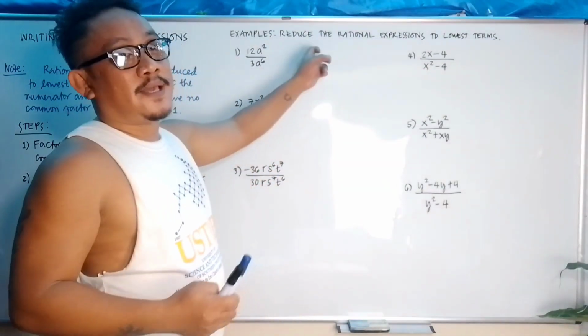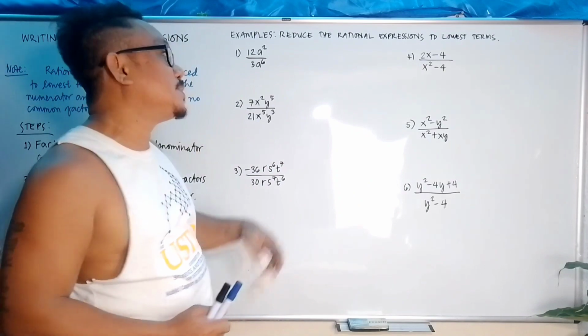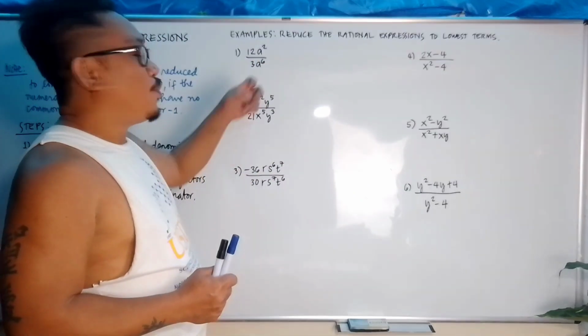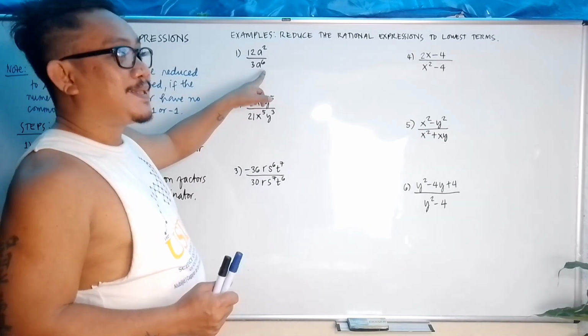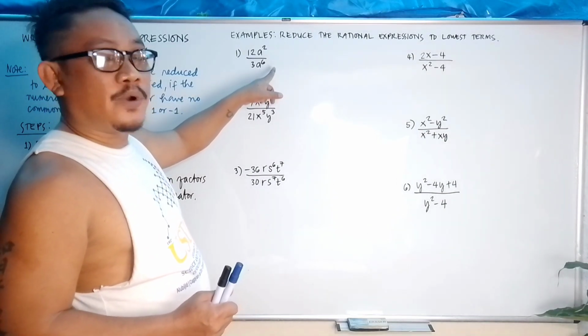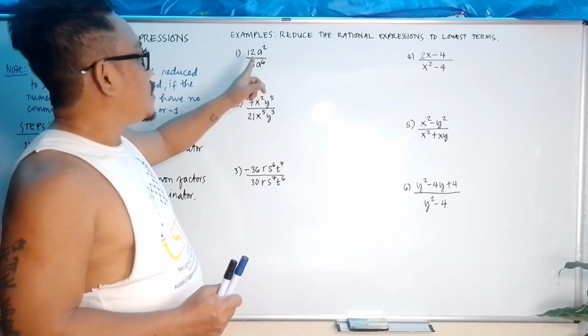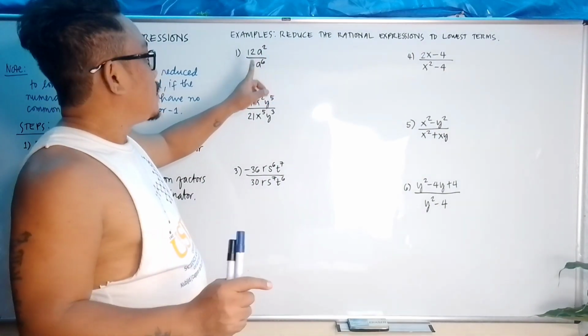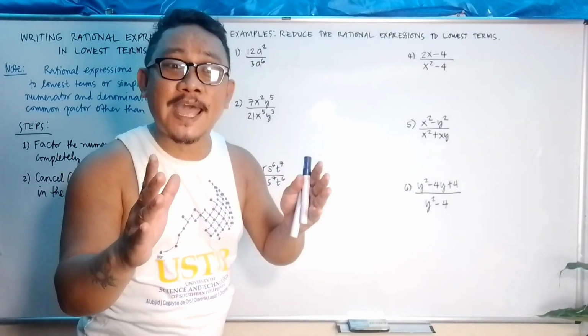Okay? The instruction is to reduce the rational expressions to their lowest terms. Okay, number 1. We are given 12a squared over 3a to the power of 6. Again, we are given 12a squared over 3a to the power of 6. So, what is our first step?